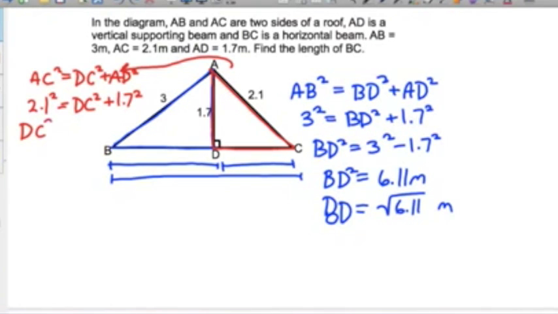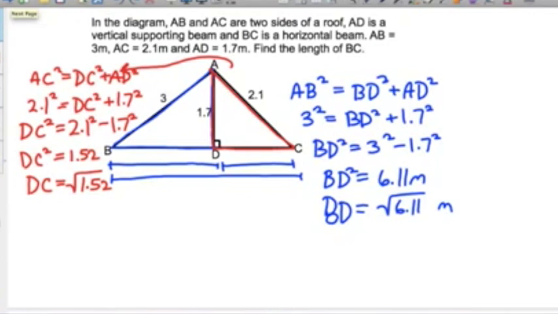So DC squared equals 2.1 squared minus 1.7 squared. So DC squared is going to equal 1.52, and DC is going to equal the square root of 1.52.